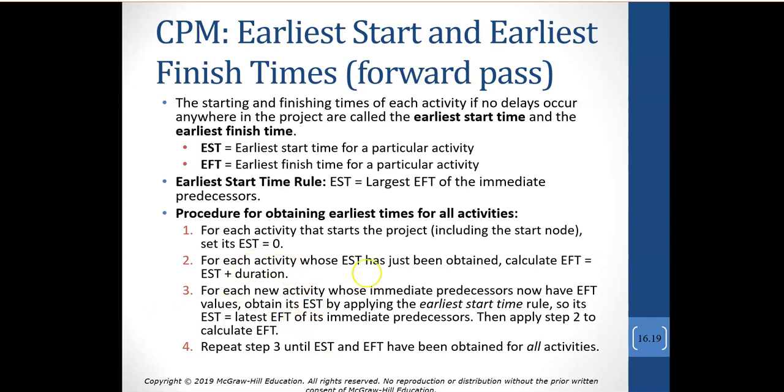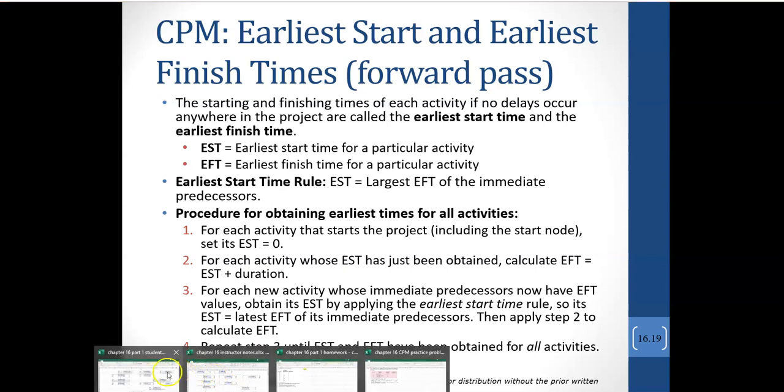But remember, in ours, we had a couple of scenarios where we had to wait for two things to be done before we could start the next activity. So we would look at, well, what's the latest finish time of those two immediate predecessors? And then we repeat the activities. So I'm going to work through that first, and then we'll come back and talk about latest start time, latest finish time. So let's go back over to our Excel document.